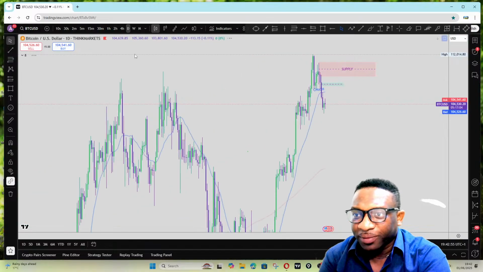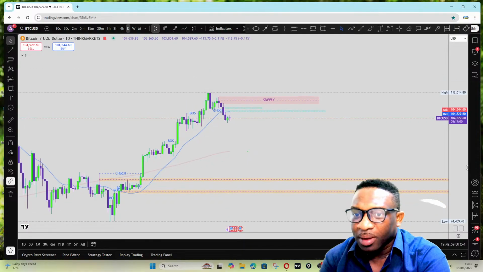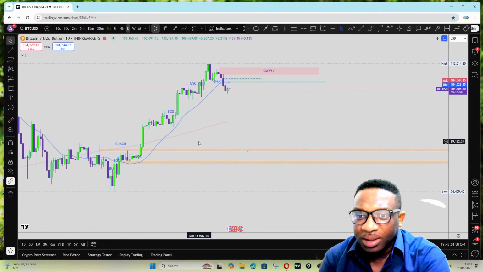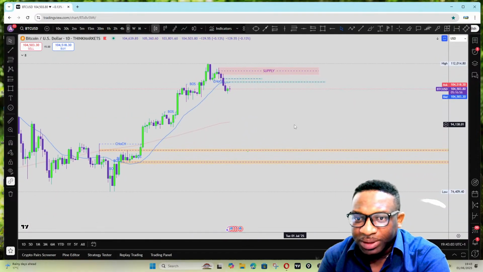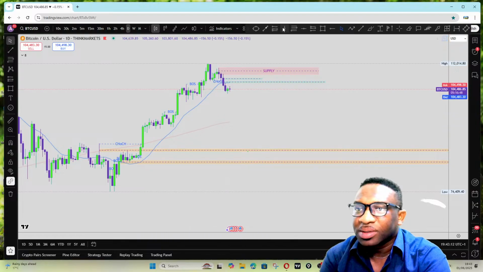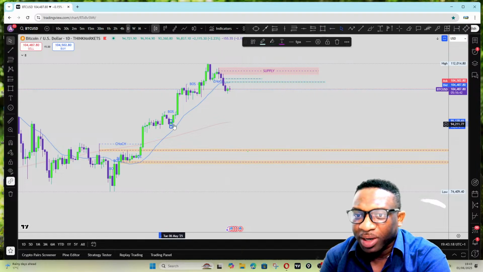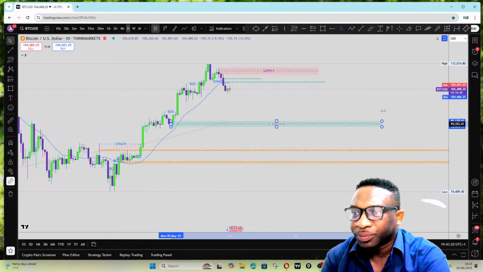If we go back to the daily, over here on the daily we can also identify these areas of liquidity here. These are potential areas that we can expect price to trade back into.